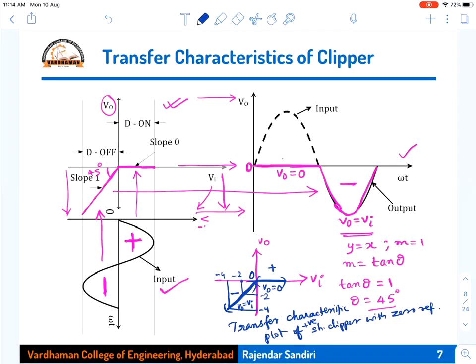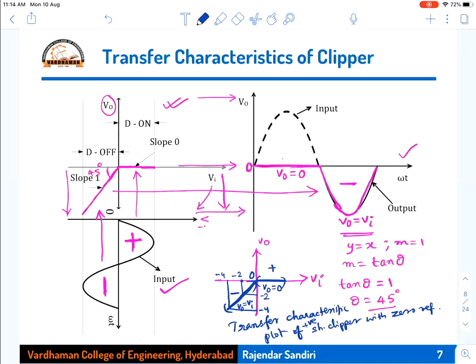The slope is 1, the angle is 45 degrees. Therefore, output follows the input. So the portion of the waveform in the negative cycle, that is in the third quadrant, has V naught equal to Vi, and in the positive cycle in the first quadrant, V naught is equal to 0. That portion of the graph we call the transfer characteristic plot.